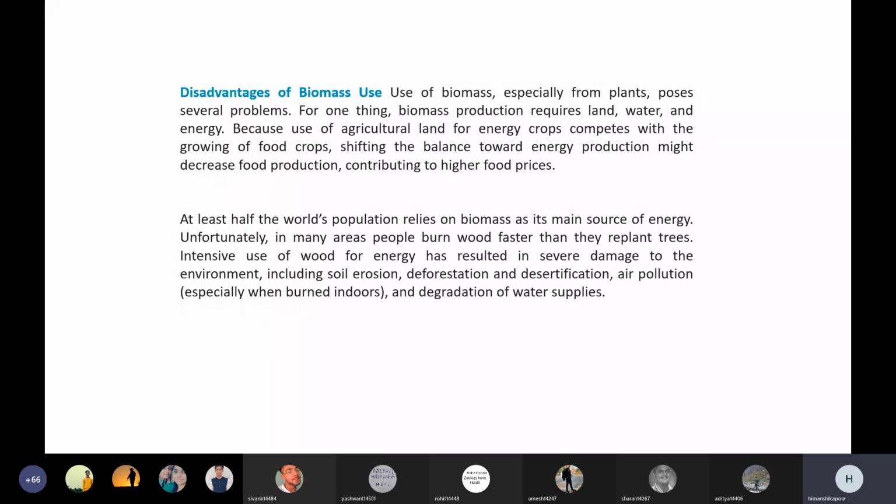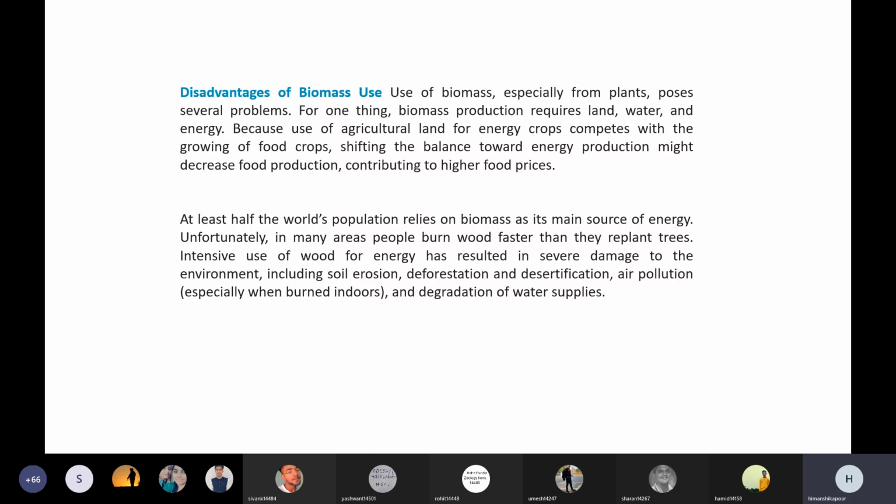And disadvantages are that obviously if we are using biomass, then it will affect the soil resources, it will put pressure on the land resources, and on farmlands which are specifically used for agriculture, and we are already facing a lot of food security issues. Then it will add to those. Also, using biomass can disrupt the balance in the ecosystem, as we are using the carbon sink.